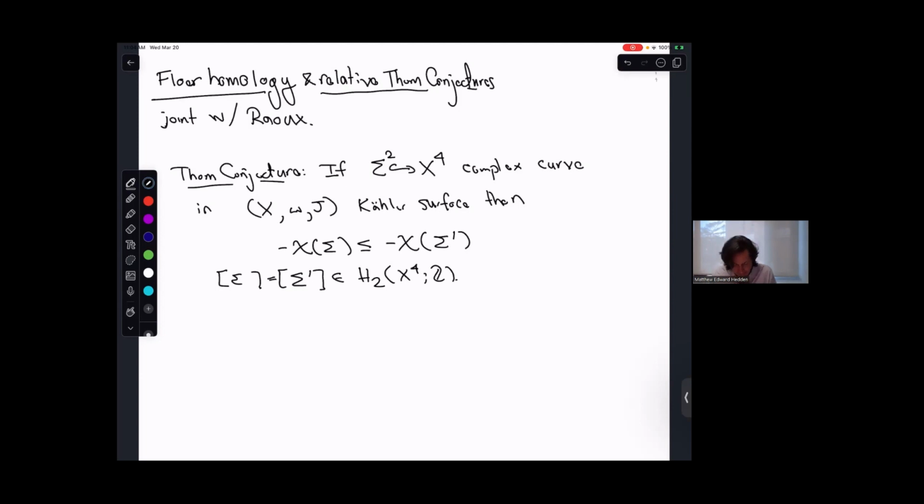This is very striking, given that this is such a rigid condition you would place on surfaces, and notably it fails in the topological category, the locally flat surfaces.